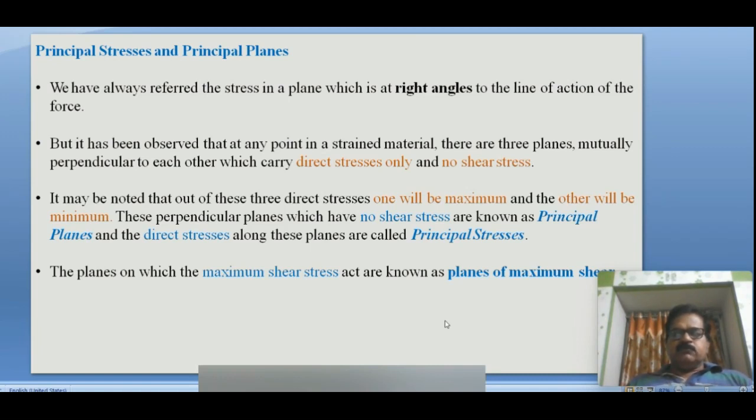So that value is calculated by the principal planes and principal stresses. The principal plane is the plane on which there is no shear stress acting, and principal stress is the normal stress acting on the principal plane.